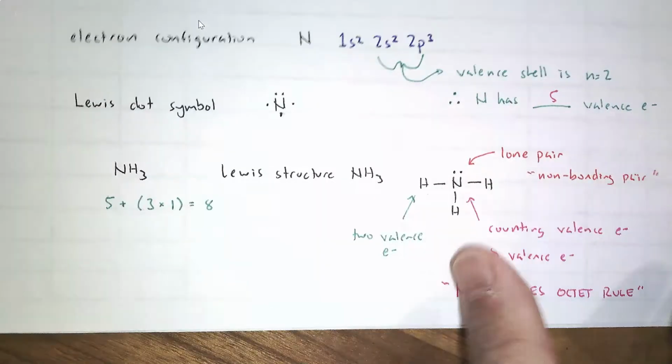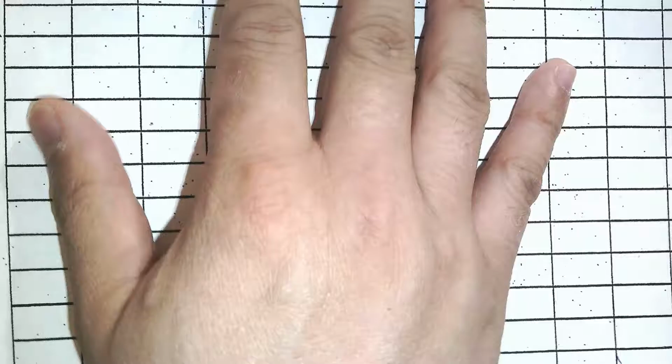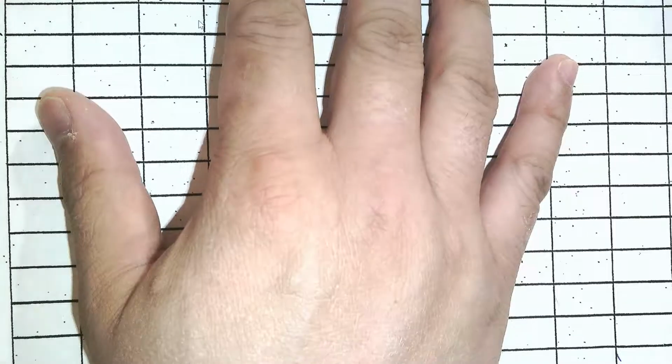But now we're going to start putting this into a table, to organize our thoughts in something that we can study fairly easily. We're going to have several columns on this table. The first column is going to be the Lewis dot symbol.